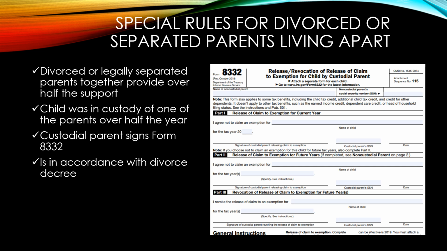So this is how many divorced parents will allow one parent to claim the dependency in one year and the other parent to claim the dependency in another year.